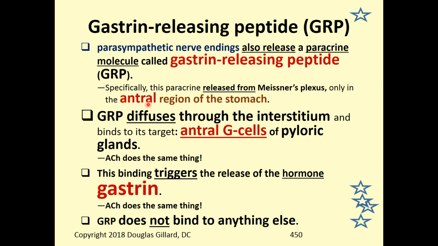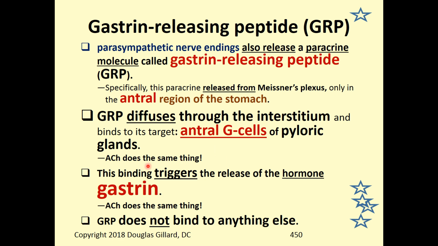So make sure you get that one, because I could see myself asking a question on something like that, trying to trip you up. Again, it swims or diffuses. I like to say swim, think of it swimming, but it diffuses through the interstitium, binds to antral G cells. G cells are only in the pyloric antrum, of pyloric glands.